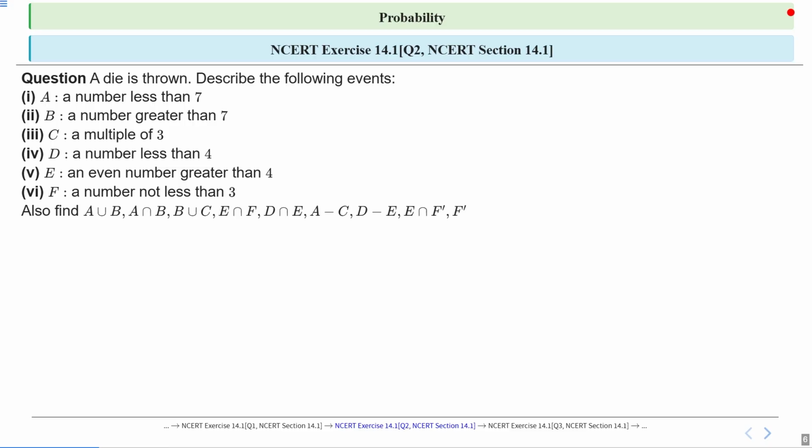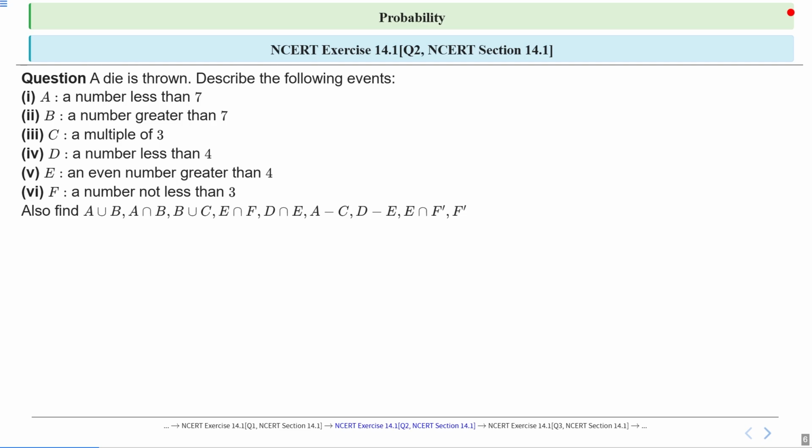Okay. Then we have to find A union B, also called A or B. Okay. And A intersection B, also called A and B. B union C, E intersection F, D intersection E, A difference C, D difference E, and E intersection F complement. And also we have to find F complement.